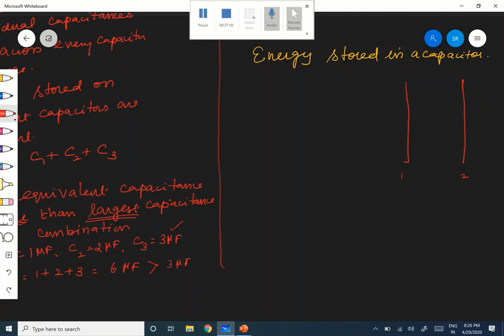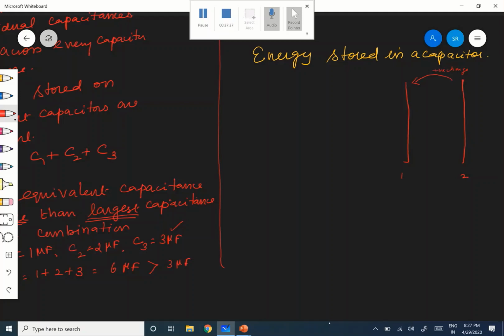So, how to charge? Initially they are uncharged, therefore how to understand the charging? Charging means a positive charge is transferred from conductor 2 to conductor 1. It is not all of a sudden, but in very, very small installments of dq.